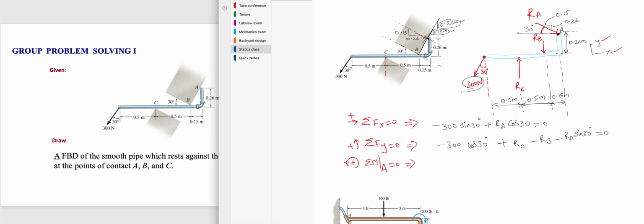I'm going to start with the X component. So the X component is 300 sine 30, and the X component is like this, right? The Y component of 300 is like this, right? So this is 300 sine 30, and this is 300 cos 30.